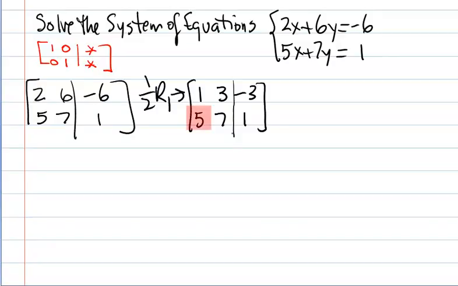Now in this position I have a 5. And I want to add a -5 to that in order to make it a 0.